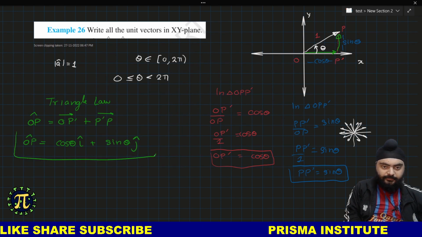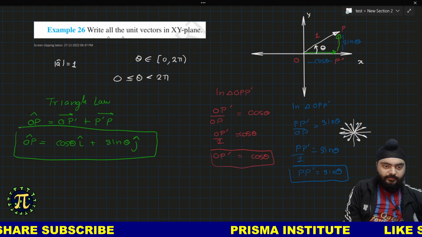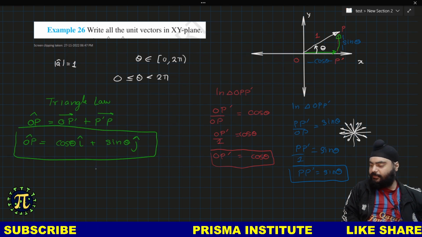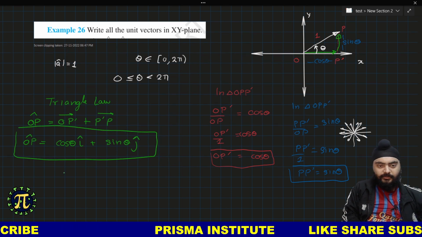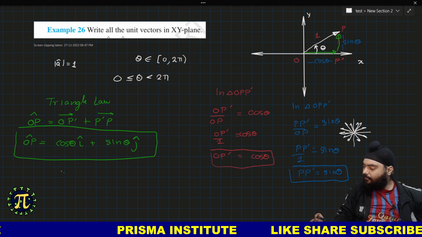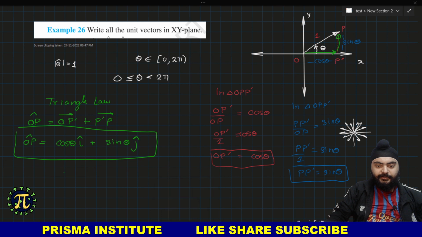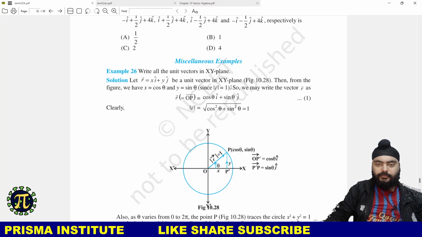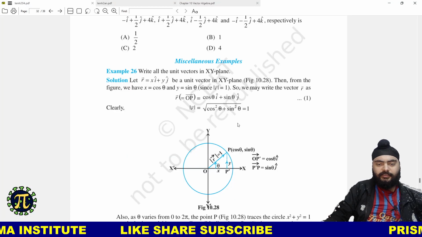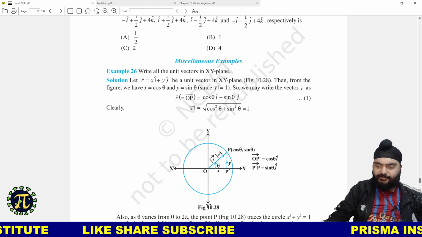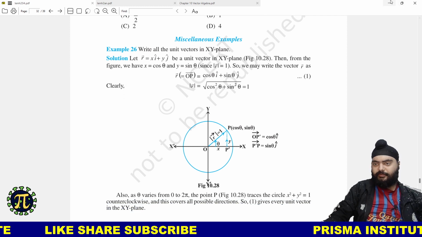So this is my general unit vector in the xy plane. So this is let's see from the NCERT. तो NCERT यहाँ क्या बोल रहा है? Okay, so let's prove that इसका length 1 है and overall we have defined the vector.